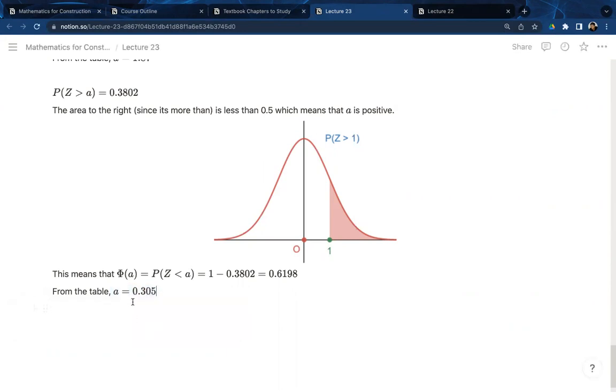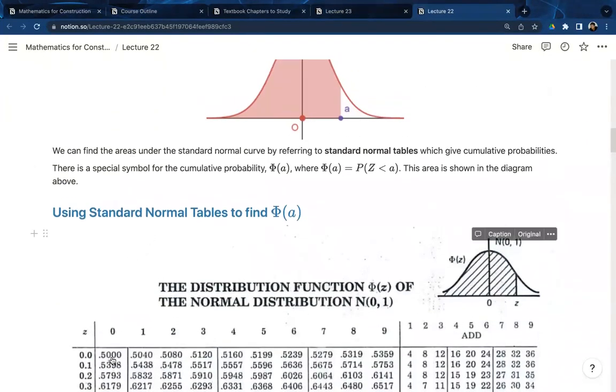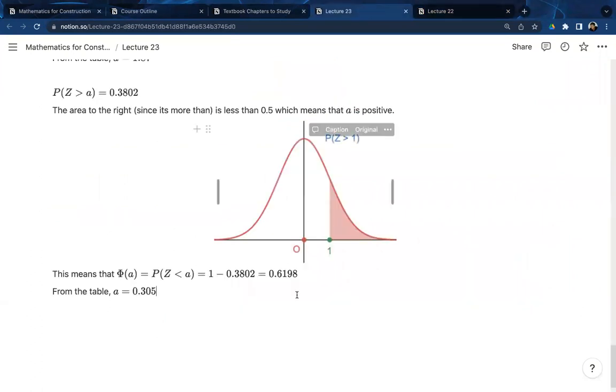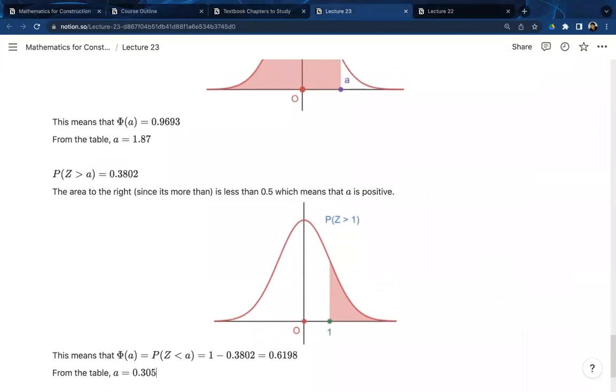All right, so 0.305 gives 6198. Let me show you, 0.30 is 6179, and the 5 is 19. 19 and 79 is 98. So 6198, which is what we have here. So that's how you would do that.